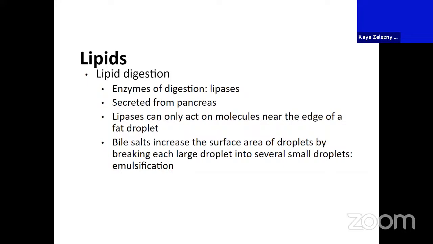So what's going to happen is we're going to take that bigger fat droplet, and the bile salts are going to let us break it into smaller droplets. And this process is called emulsification. So if you see emulsifiers in your food or in a food label, that's what it's talking about. It's talking about adding something in that allows the lipid and these aqueous environments to combine.